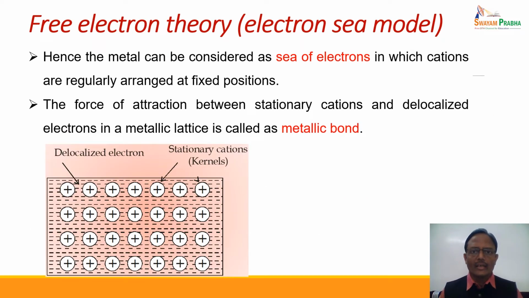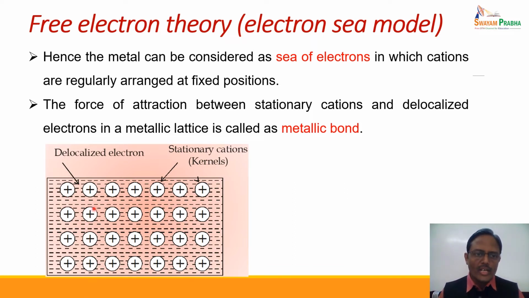Hence, the metal can be considered as a sea of electrons in which cations are regularly arranged in fixed positions. Hence, the force of attraction between stationary cations and delocalized electrons is called a metallic bond in the metal lattice. So this is the structure of what we call the electron sea model or free electron model.